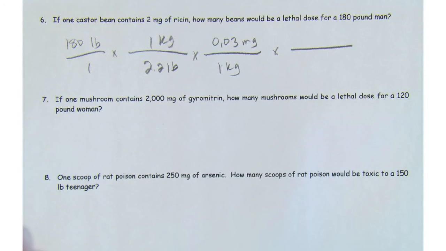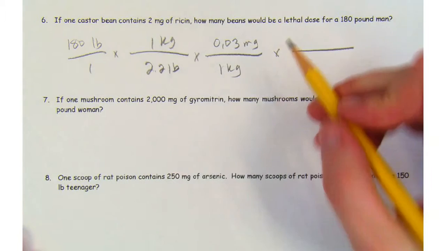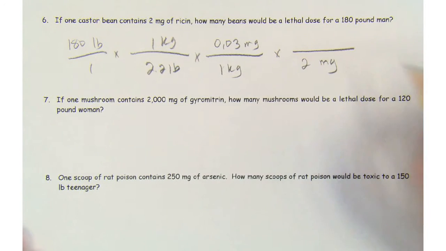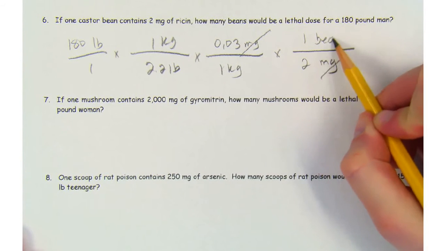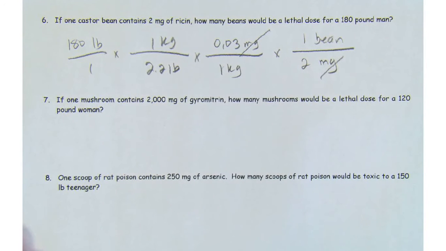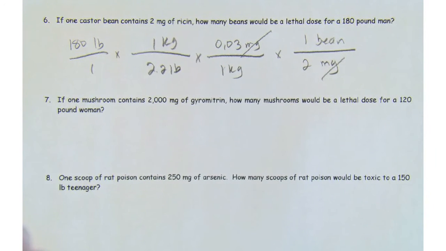And this last piece is the piece that's different. There are 2 milligrams, that cancels out my milligrams, in every 1 bean. This will give me my answer in beans. Once again, you multiply straight across to get your answer, and you should get somewhere between 1 and 2 beans if you did it right.